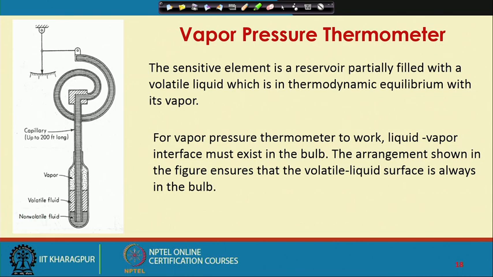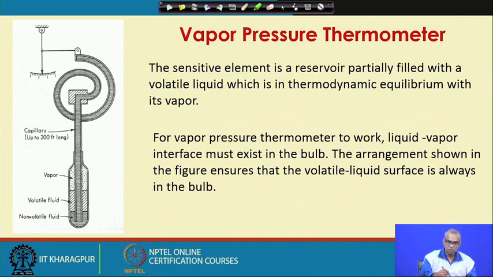The sensitive element is the reservoir partially filled with a volatile liquid which is in thermodynamic equilibrium with its vapor. This is for a vapor pressure thermometer. So, for the vapor pressure thermometer to work, the liquid vapor interface must exist in the bulb.